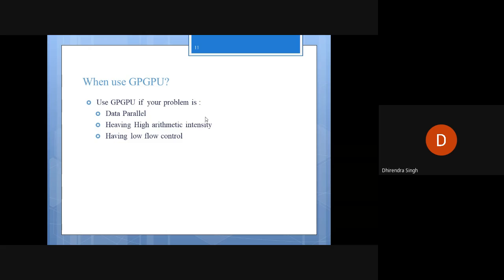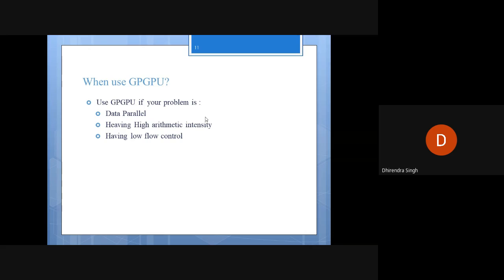So before going to GPU computing, check that your problem has these properties. It should be data parallel, have high arithmetic intensity, and have low flow control. Now we know that GPUs are available which can work as an accelerator with our CPU, where we can offload the compute-intensive portion.